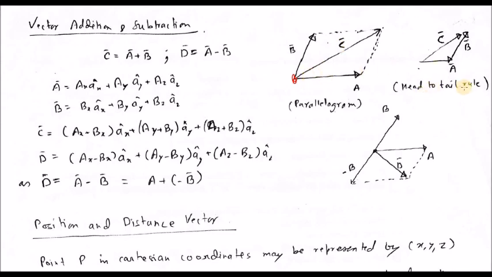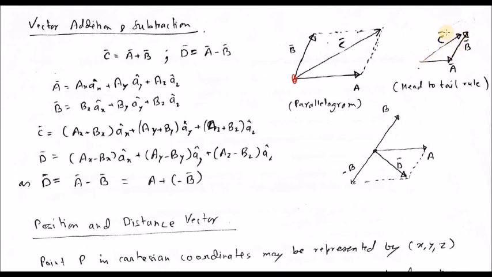In the head-to-tail rule, we add the tail of one vector to the head of the other. So here I move B from here to here, moving it parallelly. I connect the tail of B with the head of A and just join this.